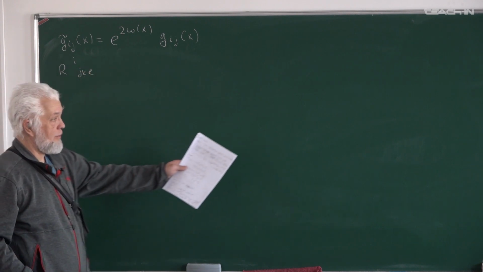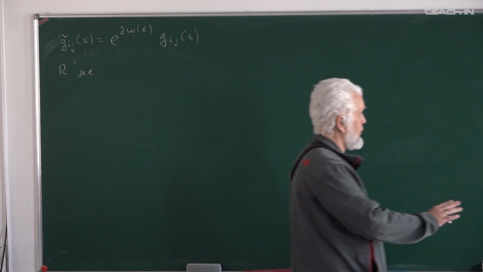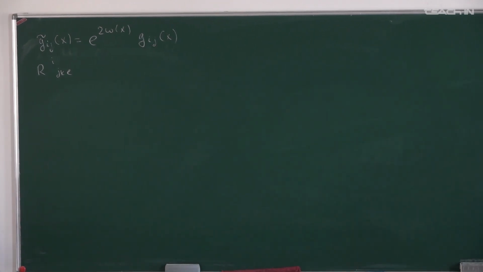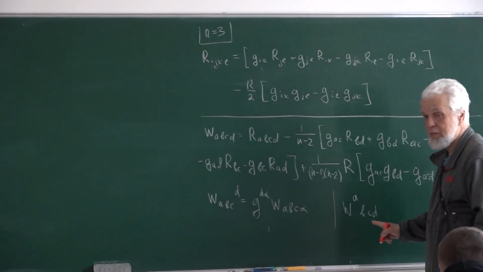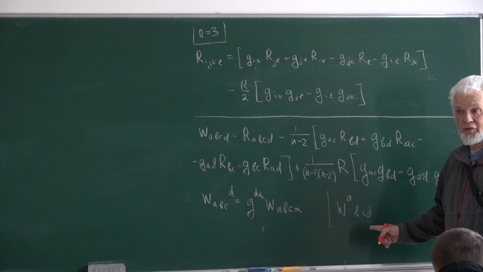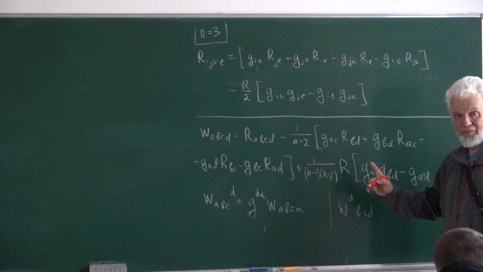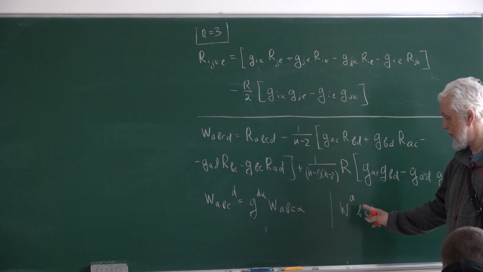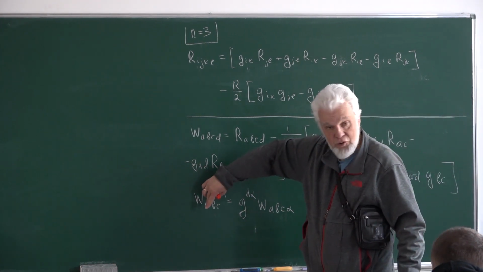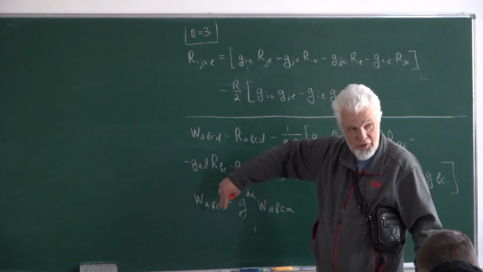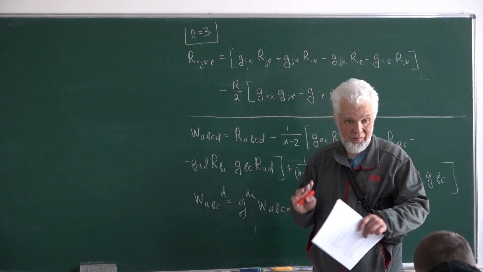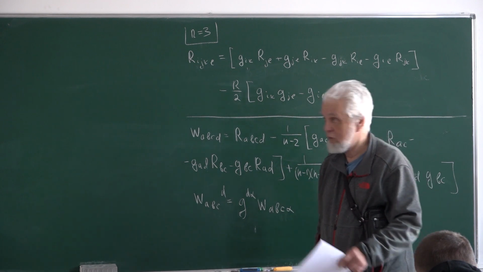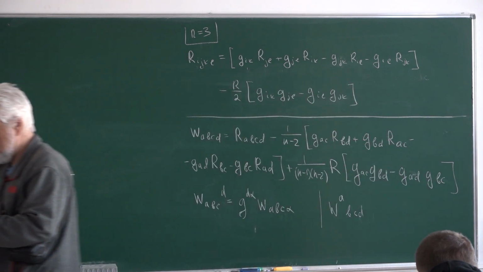I will prefer to work with this tensor. Because of symmetry properties, it makes no difference which index to raise. Because it's skew-symmetric with respect to transposition of AB, skew-symmetric with respect to transposition of CD, and you can exchange these two groups. Therefore, it makes no difference.